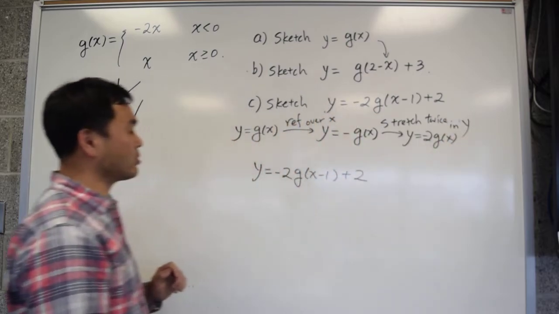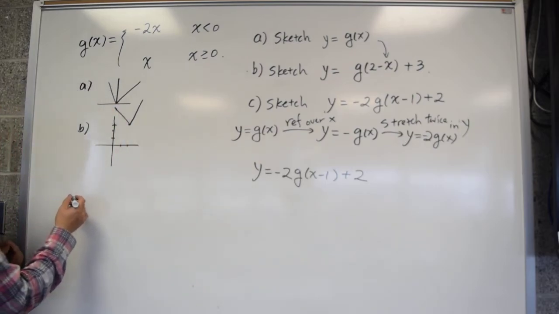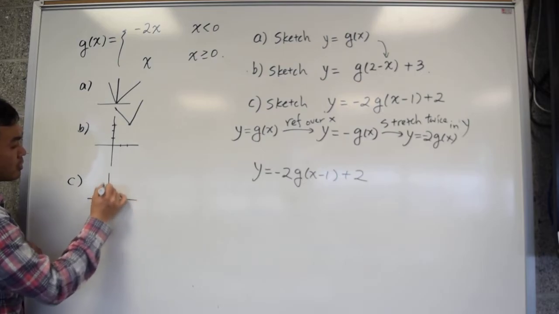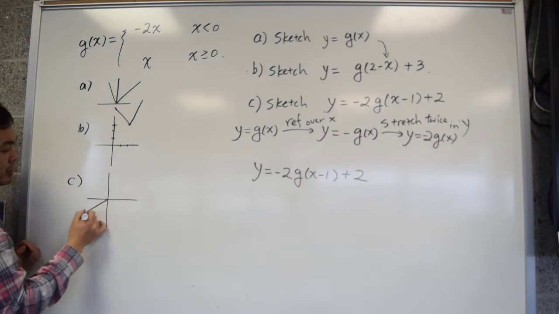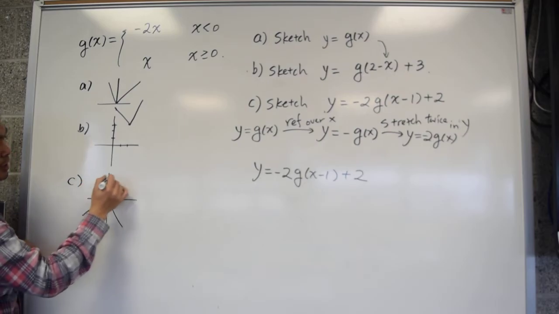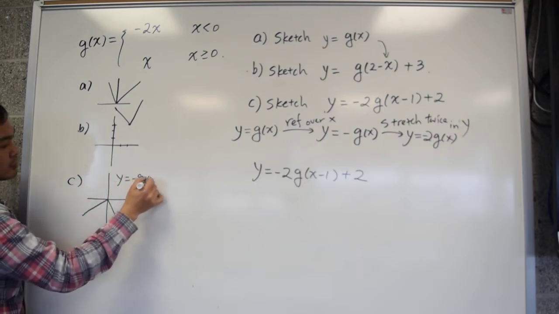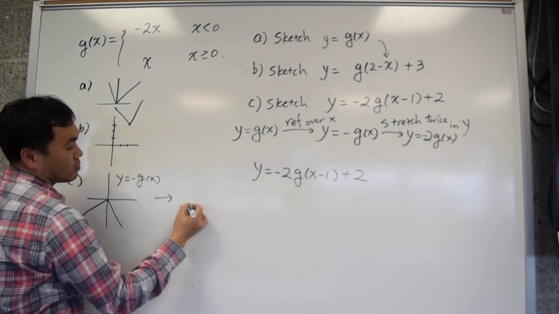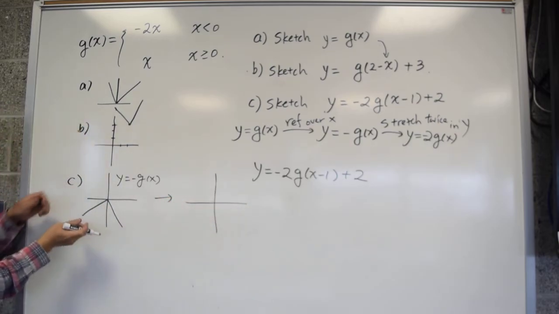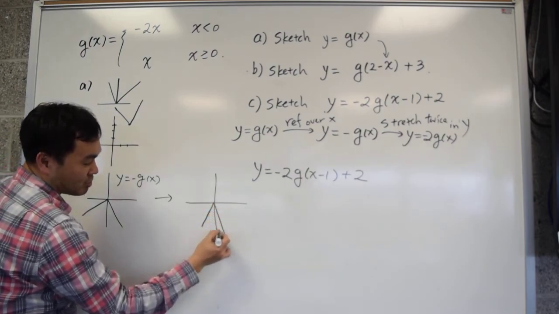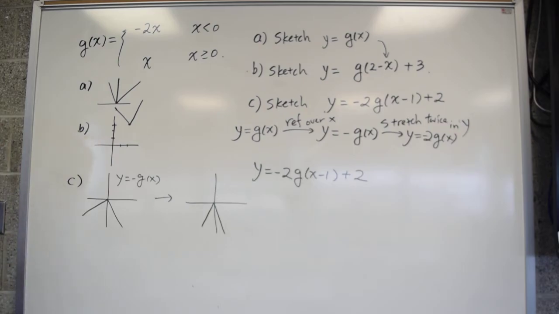So for C, you start with the original graph, flip it upside down, and that's y equals negative g of x. You stretch twice, so both sides become steeper. That's what you get.